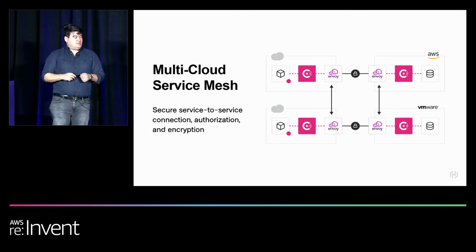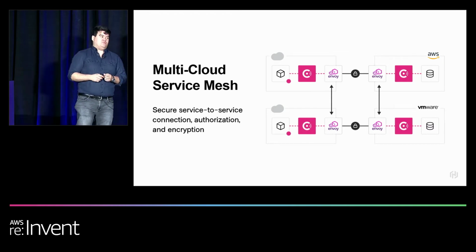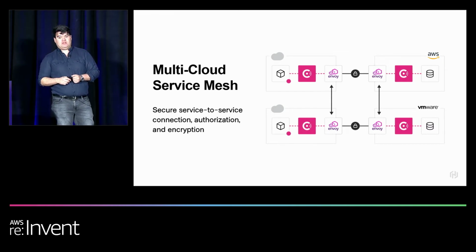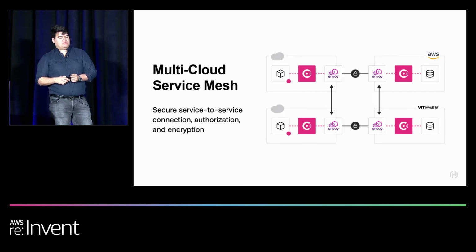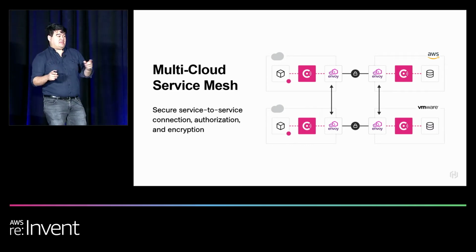So the multi-cloud service mesh aspect of Consul is probably its most popular example. So securing service-to-service connections. And what I mean by that is, when I have TLS connections or any kind of other encrypted communication that needs to happen, there's a lot of crypto that needs to happen with regards to how a CA verifies applications are who they say they are, how to handle the vagaries of situations where there are key exchanges, and ultimately connecting applications across different networking infrastructures in a way that I can span virtual networking across all of them.